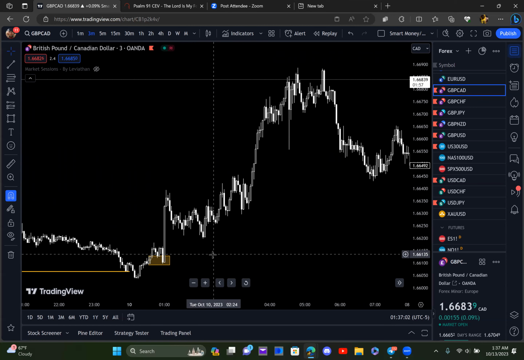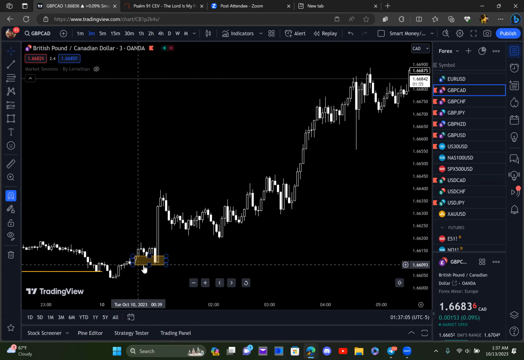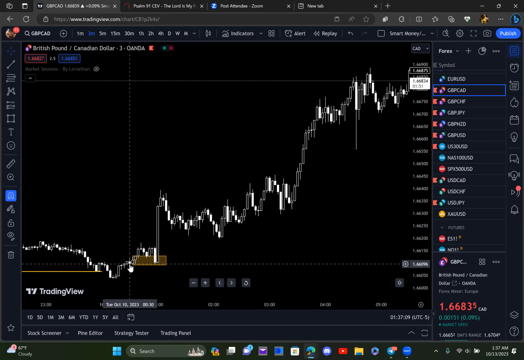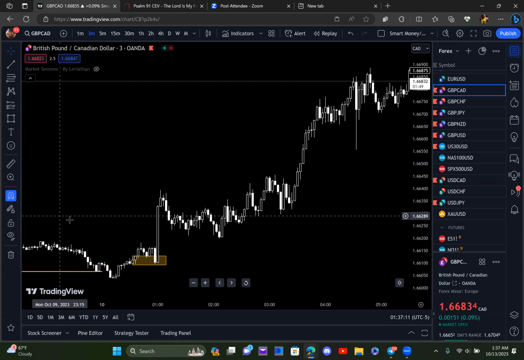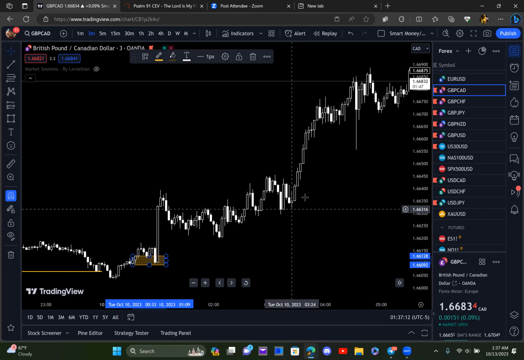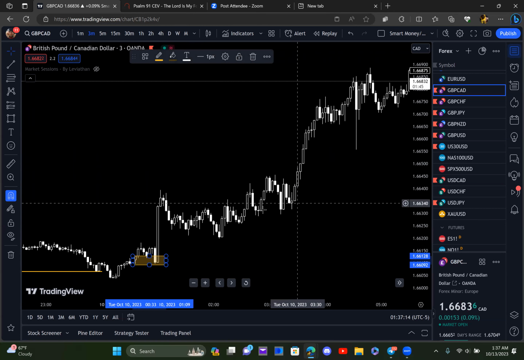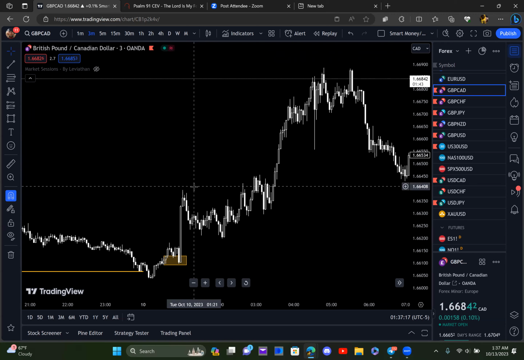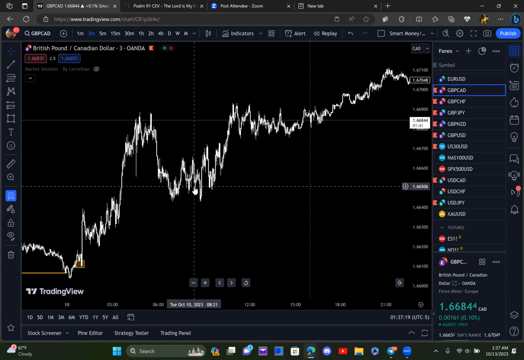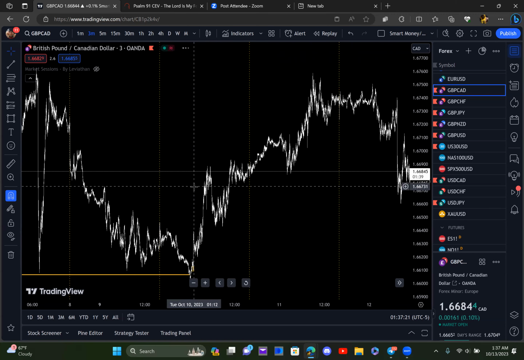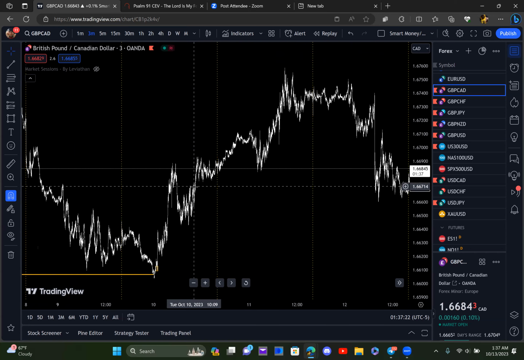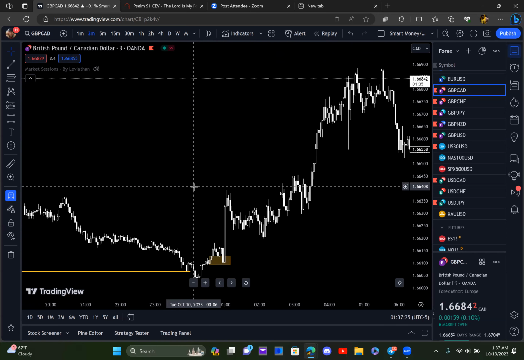See, if I measure this whole candle down to the bottom of this bearish candle, that is precisely 3.6 pips. And look where price went. Let's measure.